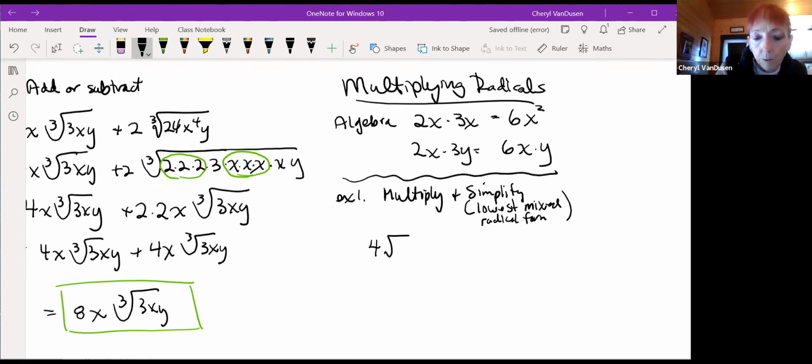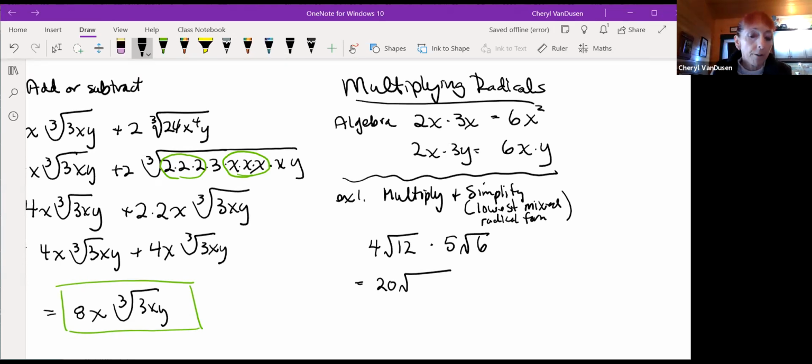4 times the square root of 12 multiplied by 5 times the square root of 6. Nothing too big. So in terms of rules, it's radicand times radicand and coefficient times coefficient. So I'll lead you through since this is the first one. So we get 20, so 4 times 5 is 20.